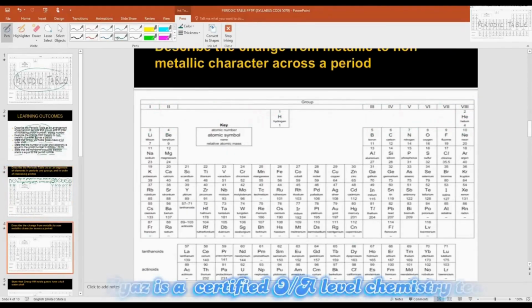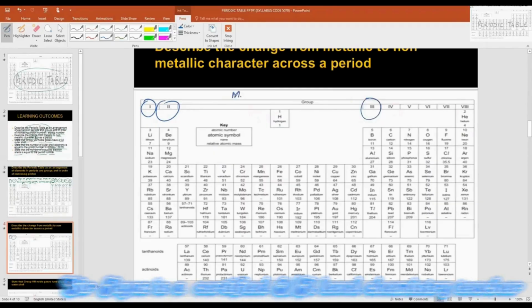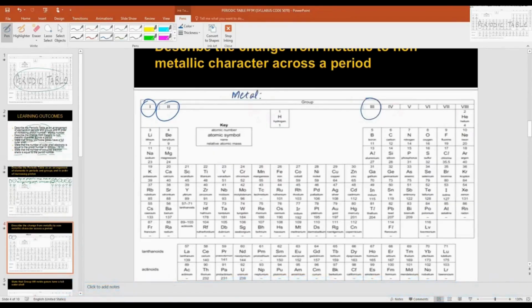Describe the change from metallic to non-metallic character across a period. Metals are present on the extreme left side of the periodic table. You see, these are the metals. They contain 1, 2, 3 valence electrons. The group number is telling us the valence electrons.